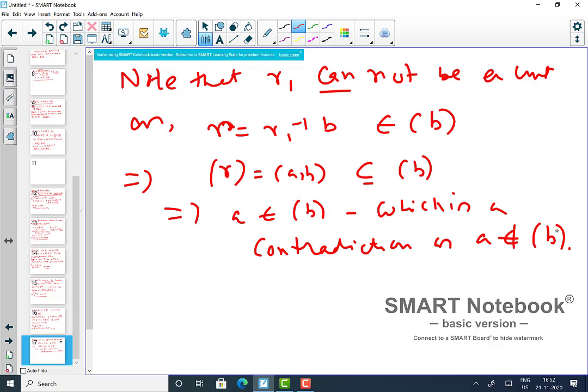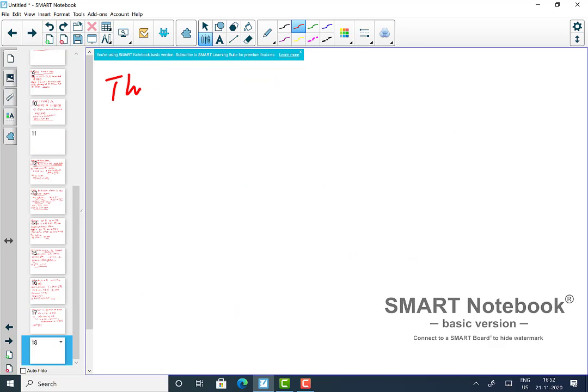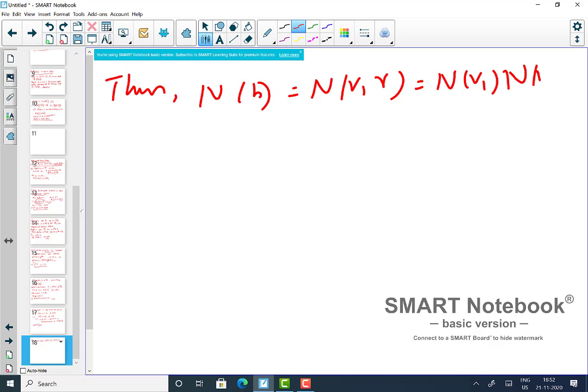So what does that mean? That means r1 cannot be a unit, right? Now if r1 cannot be a unit, then what happened? Then by the way I defined the norm, the norm of r1 is bigger than 1, right? And it cannot be a unit. So thus the norm of B equals the norm of r1 times r, which is equal to the norm of r1 times the norm of r, but this is bigger than 1. So what does that mean?